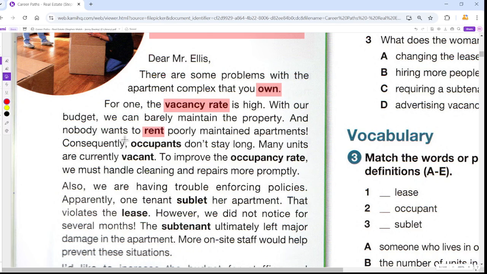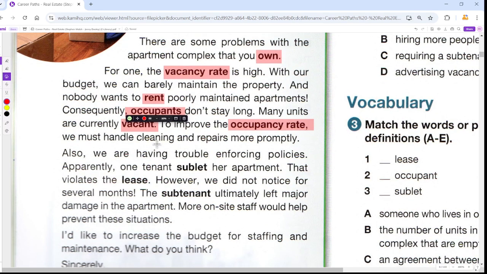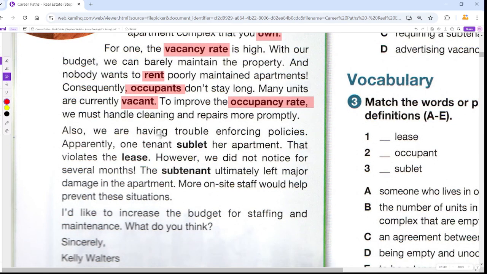Consequently, occupants don't stay long. Many units are currently vacant. To improve the occupancy rate, we must handle cleaning and repairs more promptly. Also, we are having trouble enforcing policies. Apparently, one tenant sublet her apartment. That violates the lease.